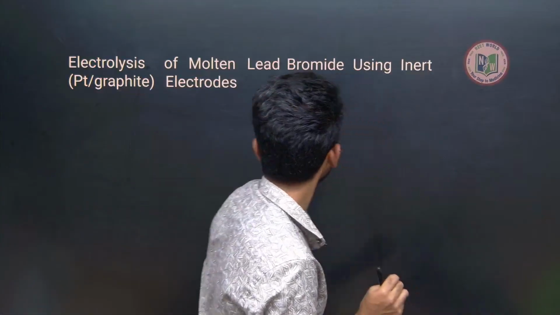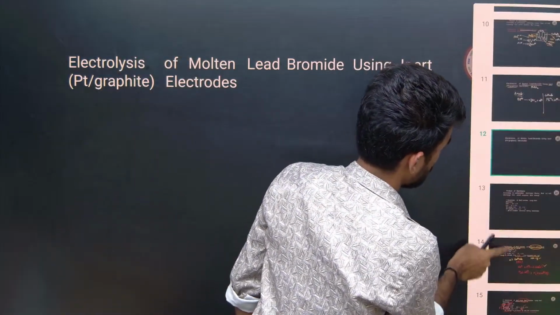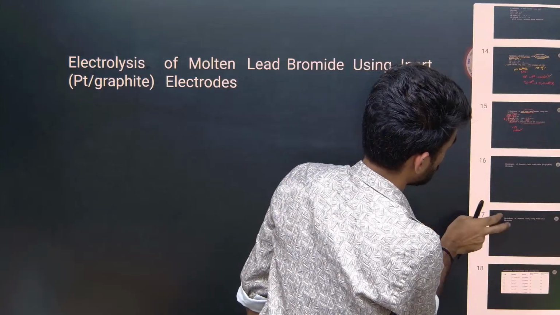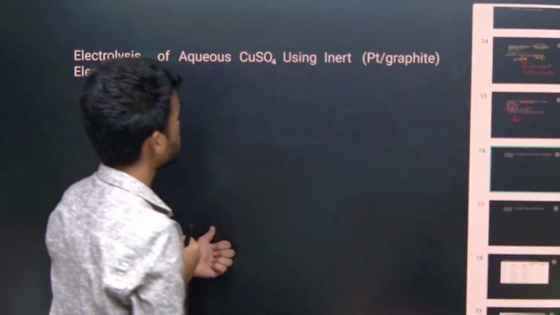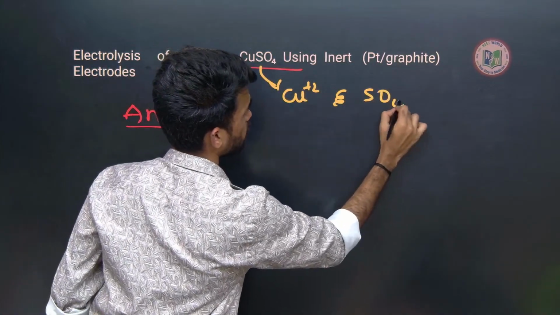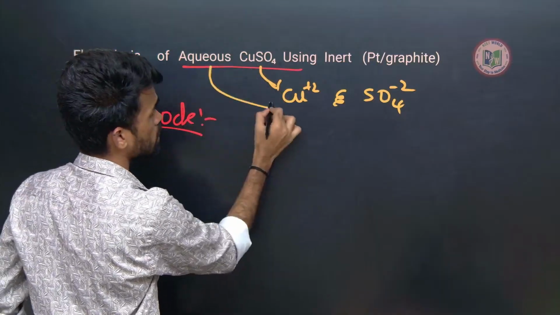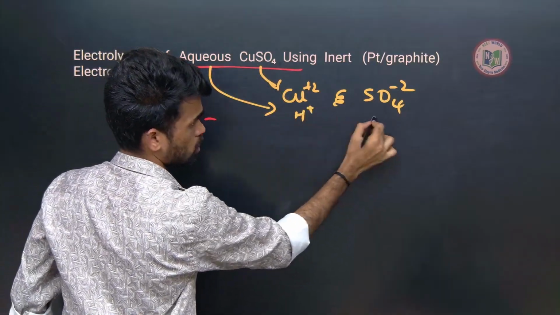The next thing, this we discussed, so let us discuss copper sulfate. See, we have aqueous copper sulfate solution. So at the anode, what ions do we have? Sulfate ion, so copper plus 2 and sulfate from the copper sulfate, and from the aqueous we have H plus and OH minus.